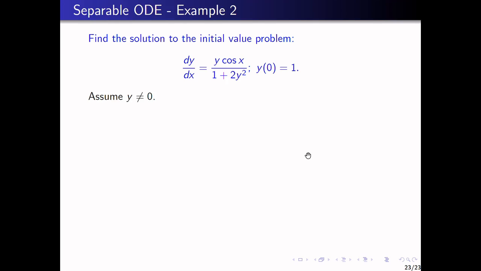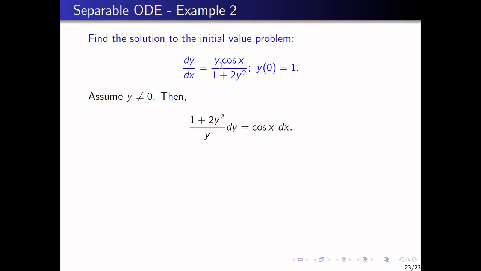So we assume here that y is not equal to 0, because when we separate the variables here and apply the previous method, we have to divide by y. So we don't want the denominator to be 0, so we assume y is not equal to 0. Please note that y is equal to 0 everywhere is a solution of this differential equation.